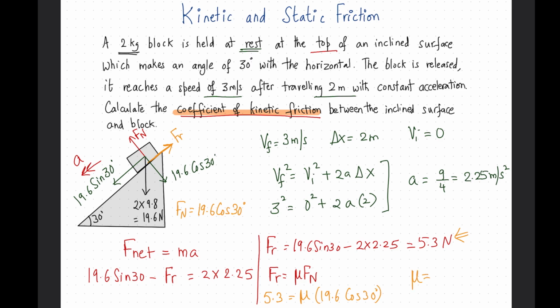So 5.3 divided by 19.6 times cosine 30. That gives me the answer as 0.31. So that's the value for coefficient of kinetic friction, 0.31, and there are no units for coefficient of kinetic or static friction.